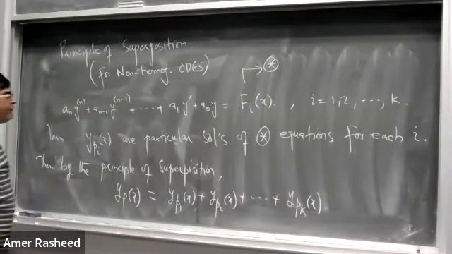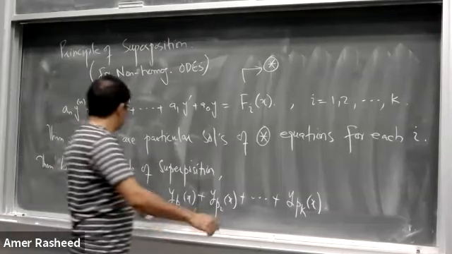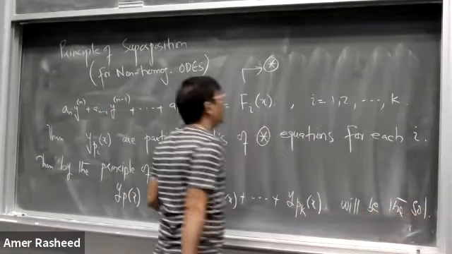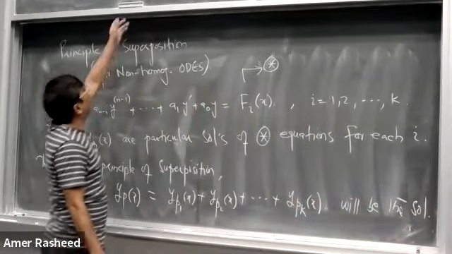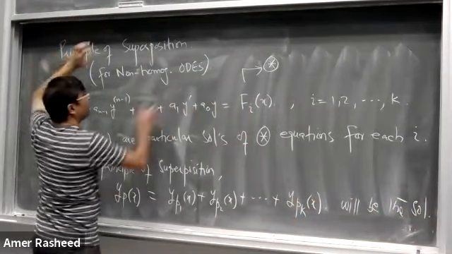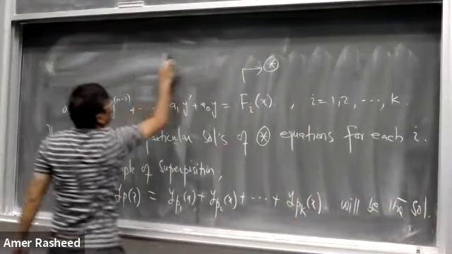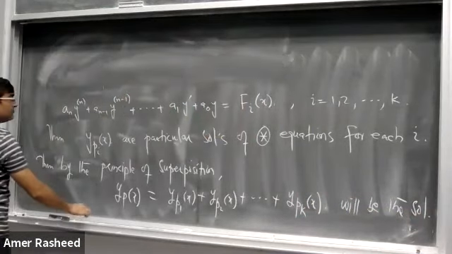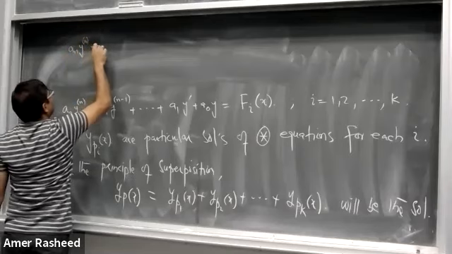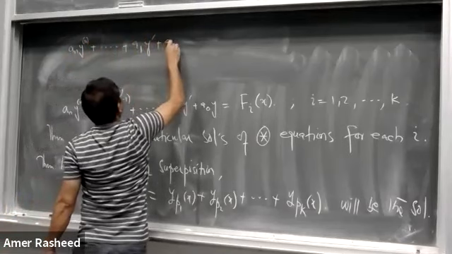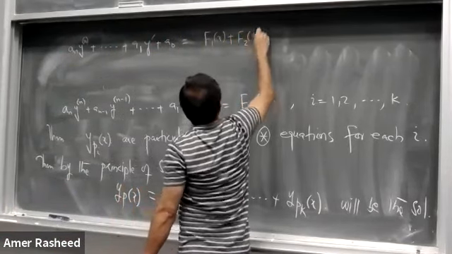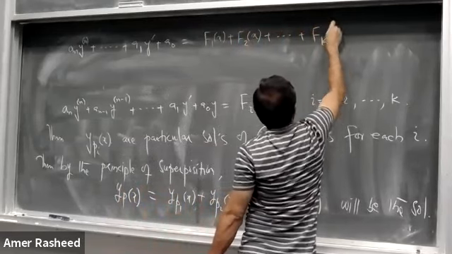This will be the solution of an yn plus so on plus a1 y dash plus a naught y equal to f1 of x plus f2 of x plus so on plus fk of x.